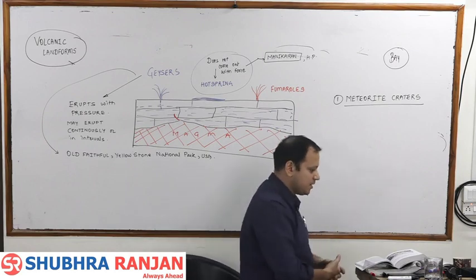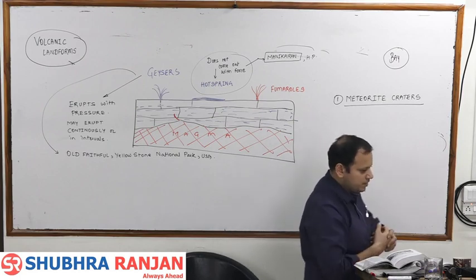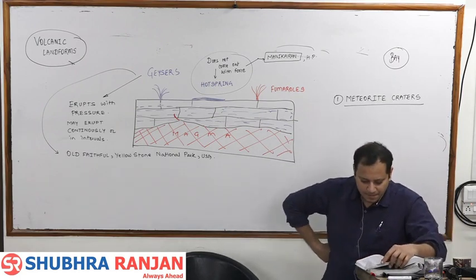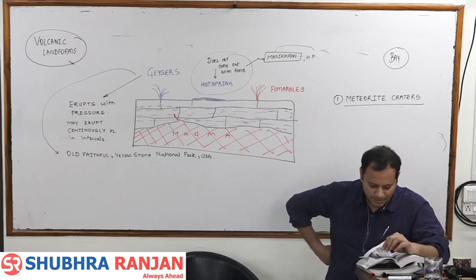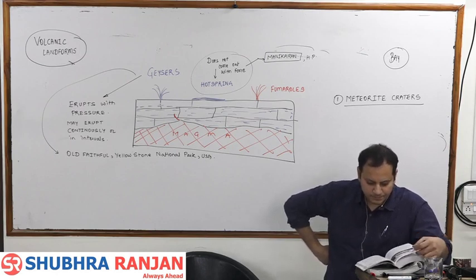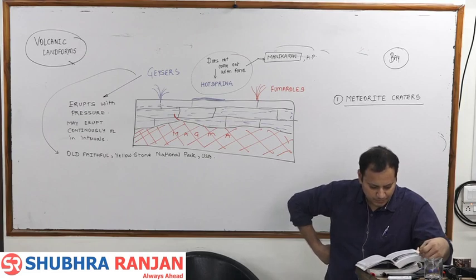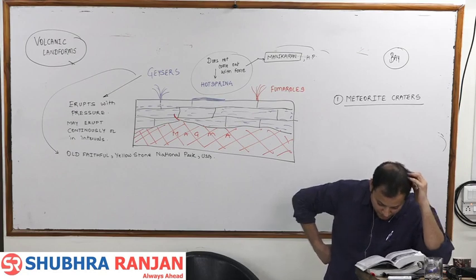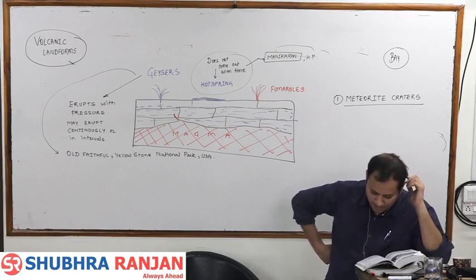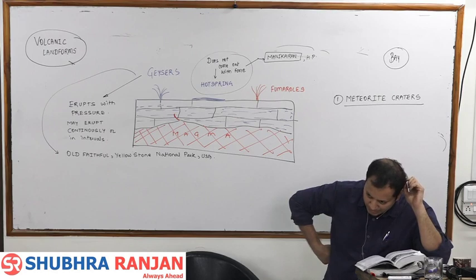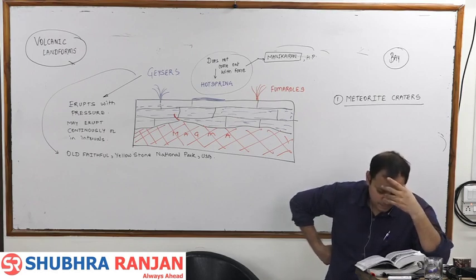Such craters are extremely rich in iron and nickel, which shows that they are formed due to impact of meteors. Example, Lonar Lake, Maharashtra.